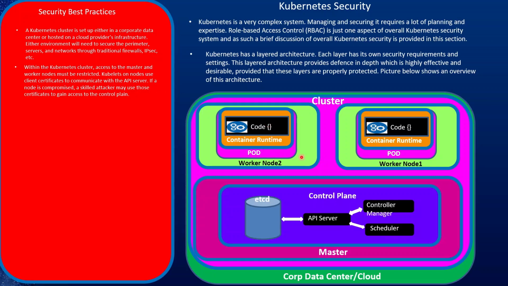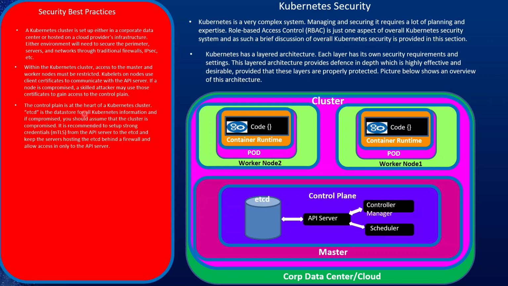These client certificates are issued by the API server and saved on each node. So if a hacker breaks into one of these nodes, he or she will have access to those client certificates, and can then use them to communicate with the API server and etcd and do a lot of damage.